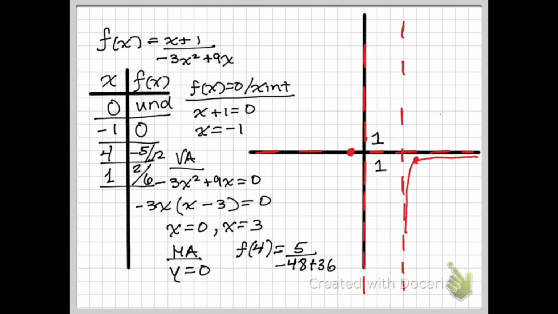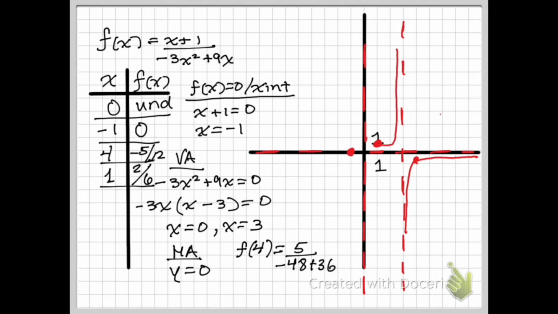That would be negative 3 plus 9, and that'll give me 6. So I got 2 over 6, 1/3, and that gives me this point, 1 for the x-coordinate and 1/3 for the y-coordinate. So I'll plot that point, and that's all I need to know. If I'm looking in this middle region here, I just need to know, am I above the asymptote or below? I'm above the asymptote, and then I'll just approach the vertical asymptotes from there.